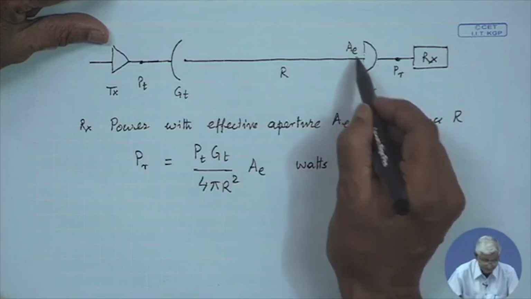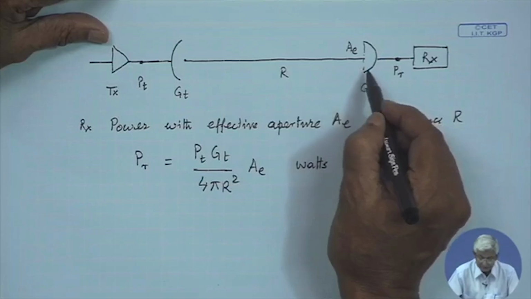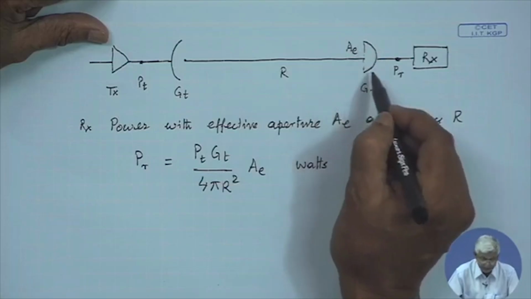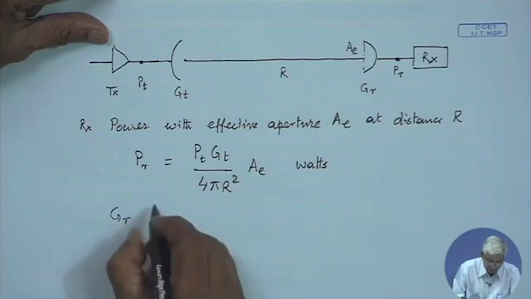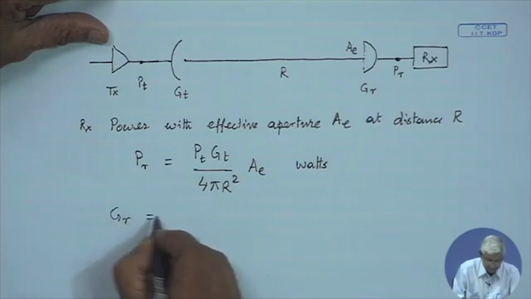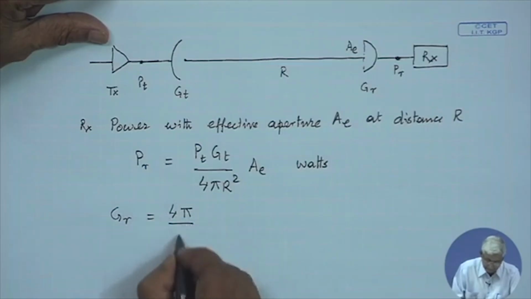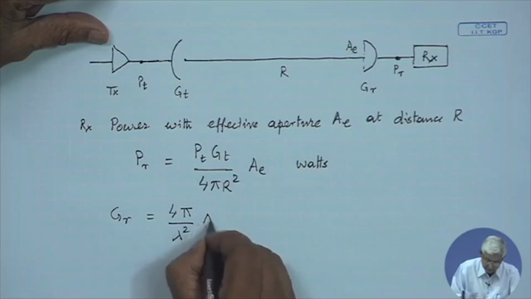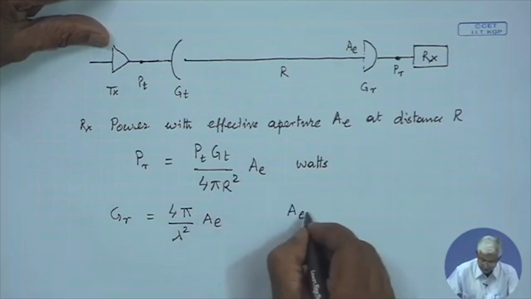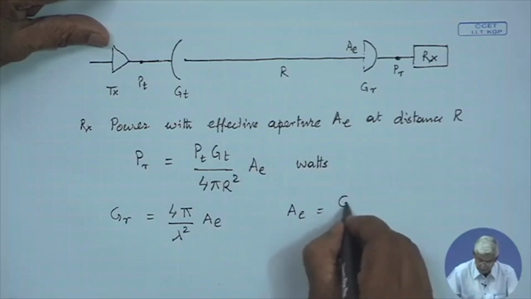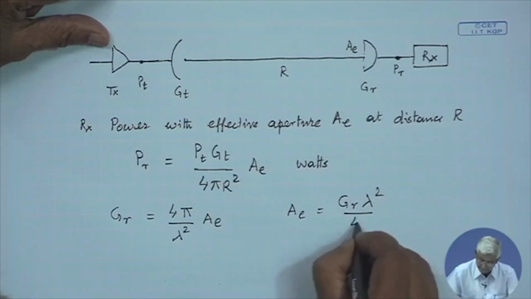Now, this is effective aperture, and of course, it is related to the gain of the antenna. We have seen earlier that the gain of the receive antenna is 4 pi by lambda square into effective aperture. That means effective aperture is equal to receive antenna gain GR into lambda square by 4 pi.